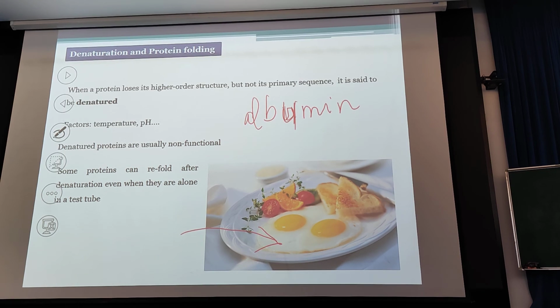In the white part of the eggs, we have a lot of a protein called albumin. And when we apply heat to the eggs, the albumin is denatured and changes into solid form.